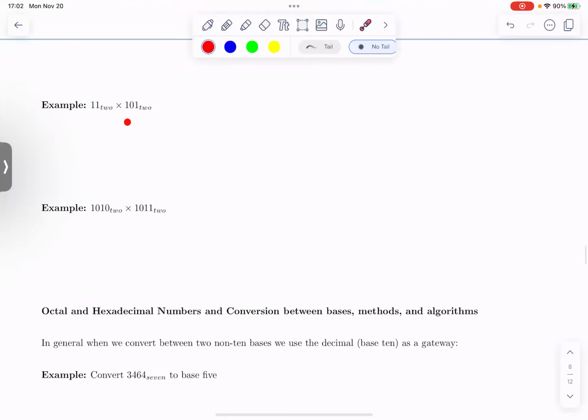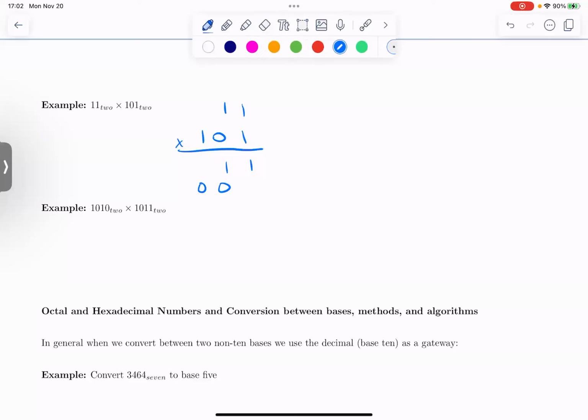What about multiplication? 1 1 base 2 times 1 0 1 base 2. Starting here, just the way multiplication works, right? 1 times 1 is 1, 1 times 1 is 1, 0 times 1 is 0, 0 times 1 is 0. I guess I could have written it 1 0 1 times 1 1. It's a little bit weird looking. 1 times 1 is 1, 1 times 1 is 1.